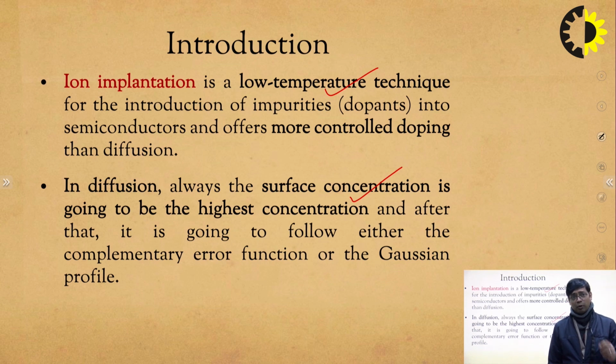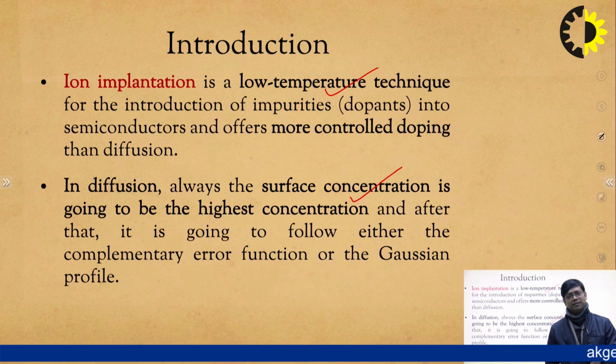So, because the dopants flow into the wafer from the surface, surface is always going to have the highest concentration. Because there is a concentration gradient between the surface and the bulk of the wafer, dopants move from surface to the bulk of the wafer, but surface concentration is always going to be the highest concentration.